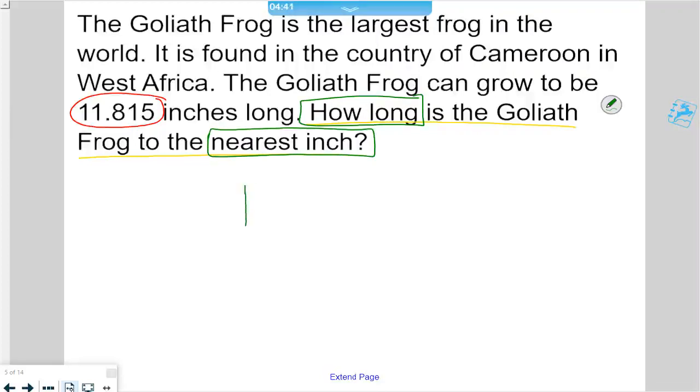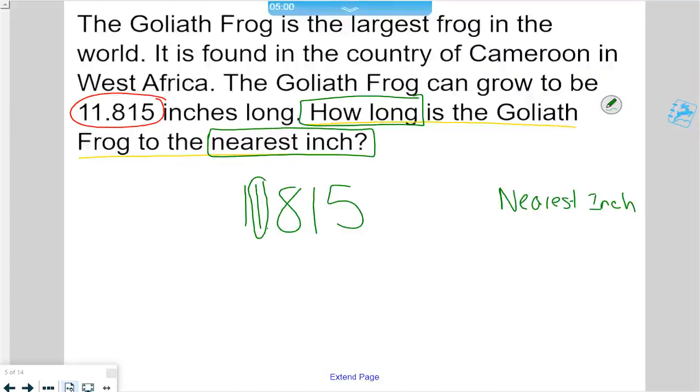Okay, so if we write 11 and 815 thousandths of an inch, the nearest inch comes right here. So our nearest inch is a whole number. And we know that from what we've been doing. But what place is that? Well, the first one before the decimal is in the ones place.